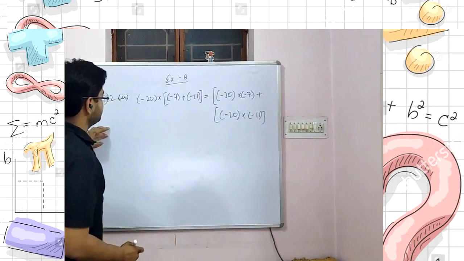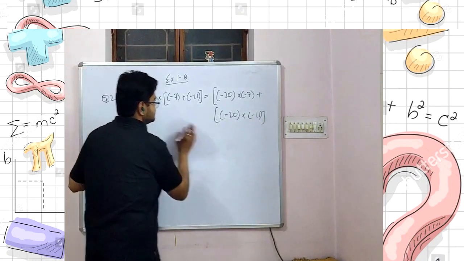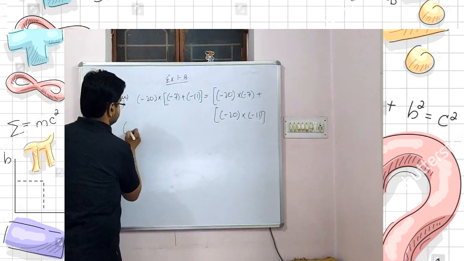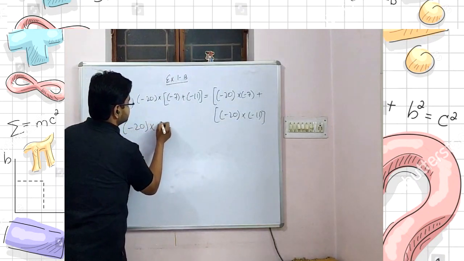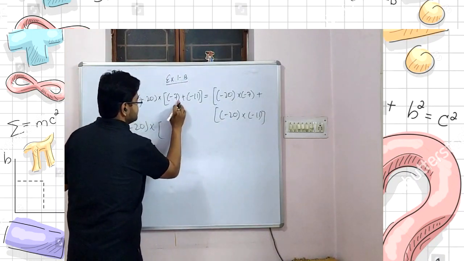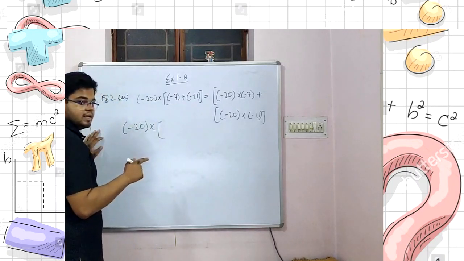So, what are we doing here, children? We'll be trying to check if this LHS is equal to RHS. Here, minus 20 will be multiplying with this later, but first we will solve this. So minus 7 and minus 11 both are negative, so they will add, but they have a negative sign.